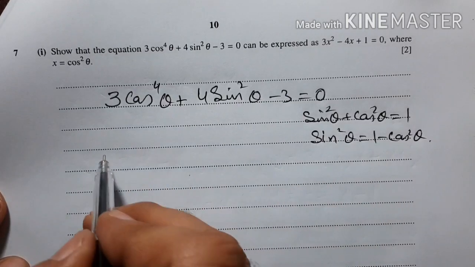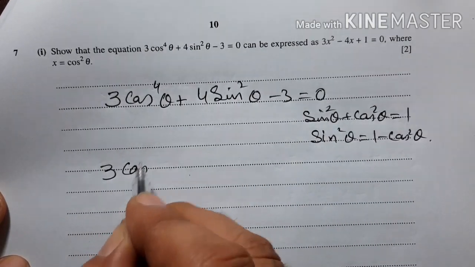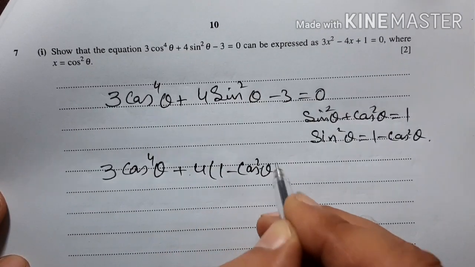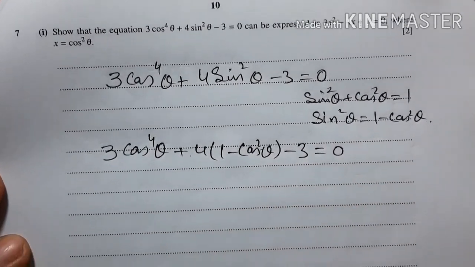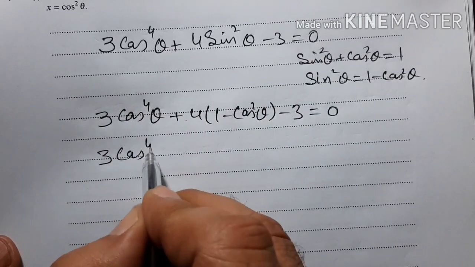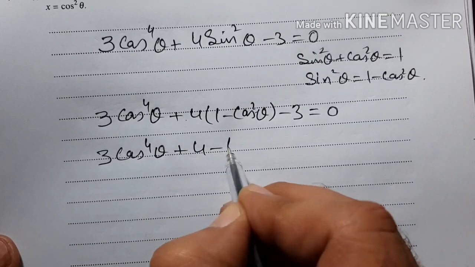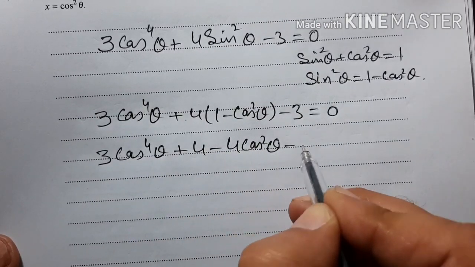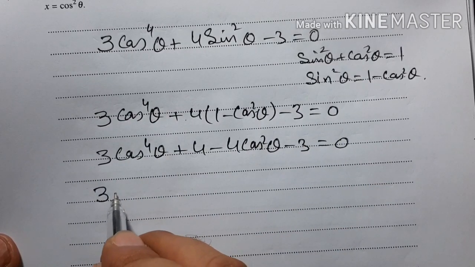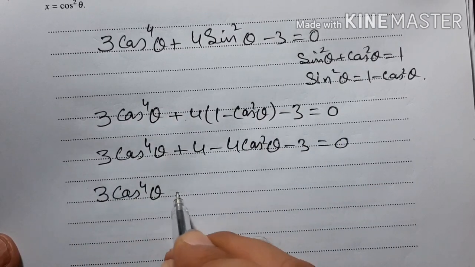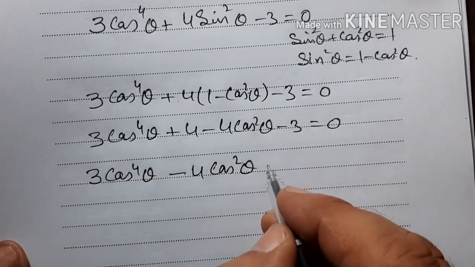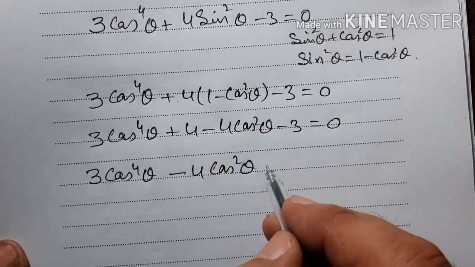So I'll put this here. 3 cos 4 theta plus 4 into 1 minus cos square theta minus 3 is equal to 0. So it will be 3 cos 4 theta plus 4 minus 4 cos square theta minus 3 is equal to 0, or 3 cos 4 theta minus 4 cos square theta plus 4 minus 3, which is plus 1, is equal to 0.